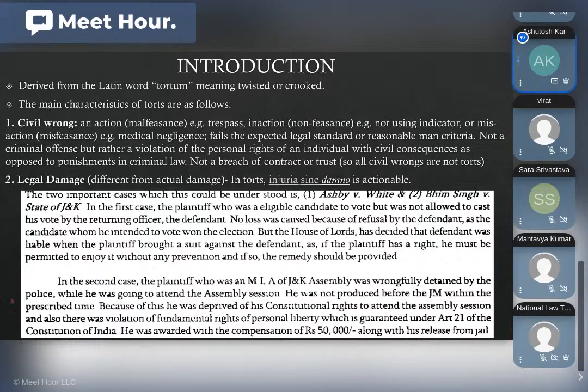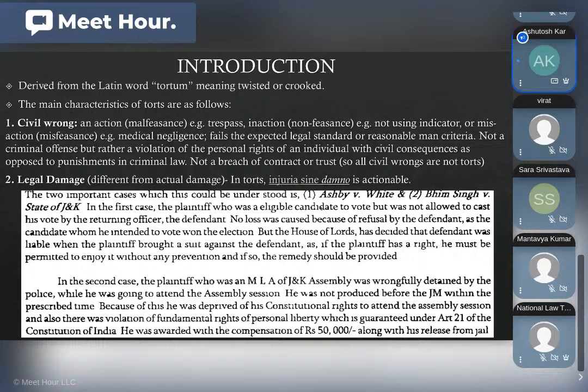He must be permitted to enjoy it without any prevention, and if not, a remedy should be provided. So there is a maxim also: where there is a right, there must be a remedy, because if your right has been violated, you must be allowed to enjoy it. And if that has not been done, you have the right to file a suit against the defendant, and the defendant will be liable. So I hope you understood the concept of injuria sine damno here.